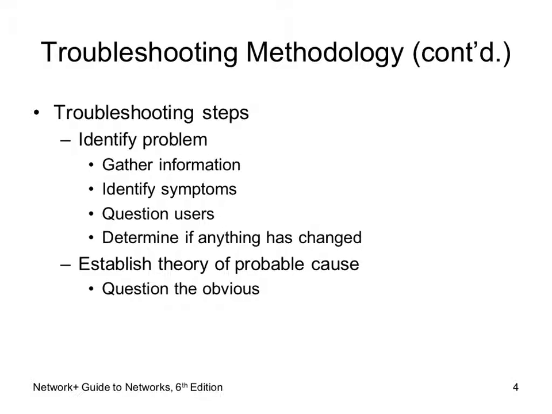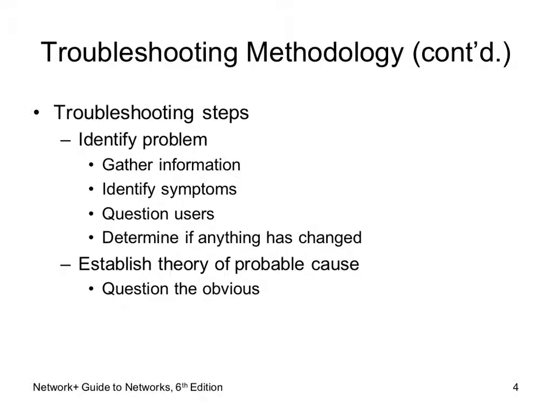So, the first step in troubleshooting is identifying the problem. Makes sense, right? Gather as much information as you can. Because when people say it just doesn't work, that's not good enough. Okay, that doesn't help, right? It might help them to tell you it doesn't work, but it's not going to help you figure out what's going on.